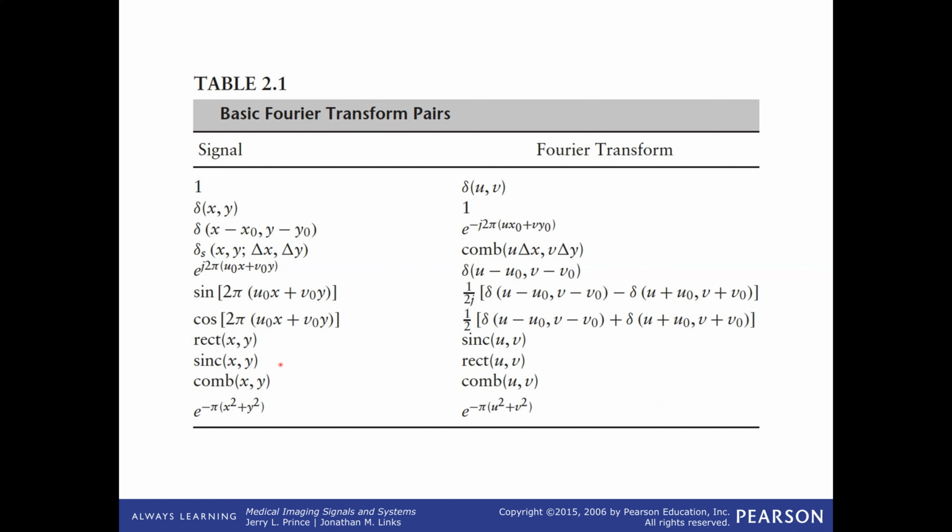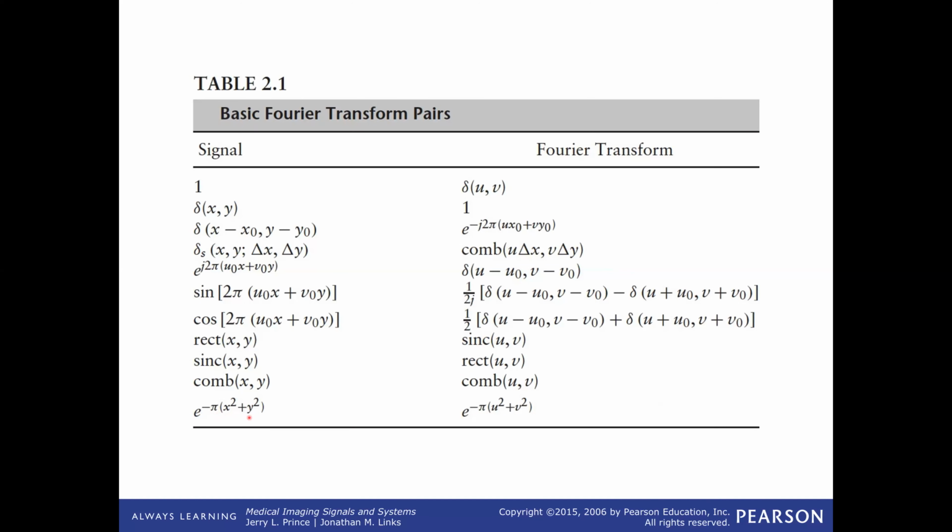We know that. The Fourier transform of sinc is rectangle. It turns out that the Fourier transform of a comb function, which was our sampling function that we looked at before, is a comb function. I think we're going to look at that. And then this is an important one as well: the Fourier transform of a blob, which is represented by a Gaussian blob, which means as I move off in radius, I decrease as 1 over e as a function of radius.